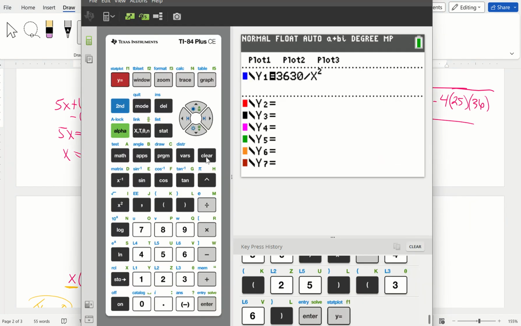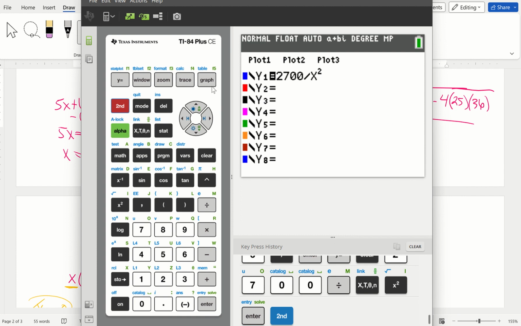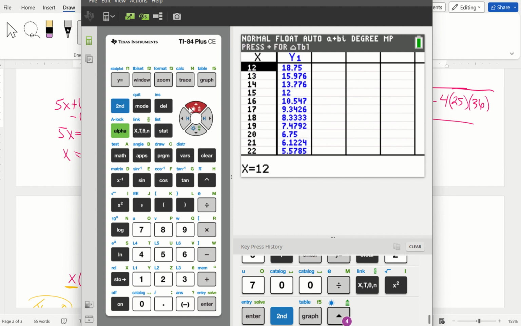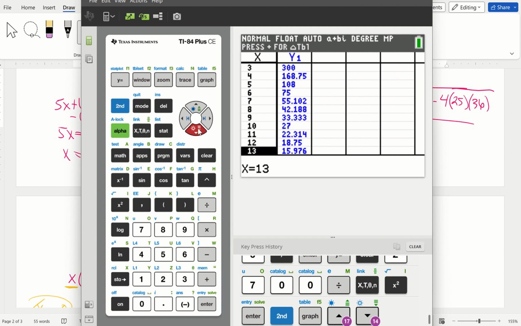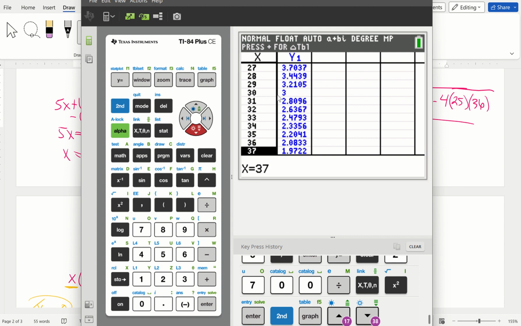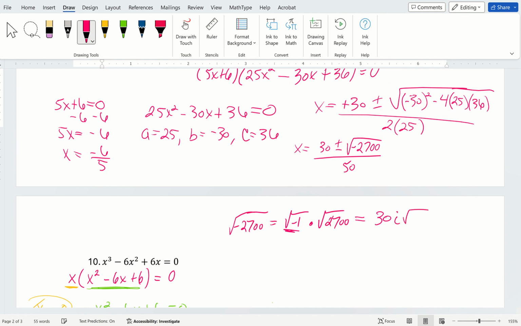So if we go over here and do 2700 divided by x squared, go to our table. What we're looking at is for a pair of whole numbers where the number in the y1 column is as close to 1 as possible. So we'll keep going and see how far we can go. That's probably going to be it. So 30 times the square root of 3. So we have 30. This gives us i times the square root of 3.